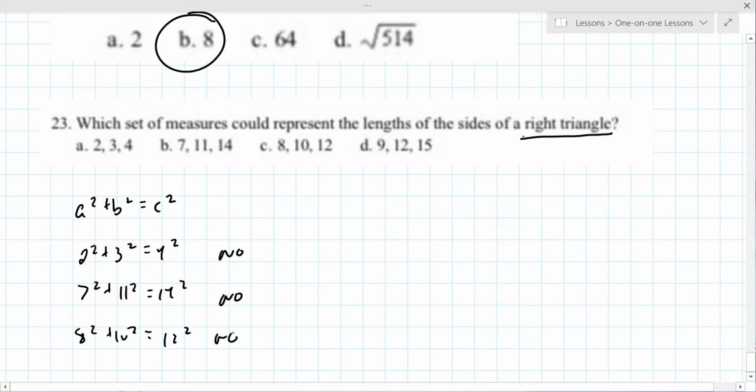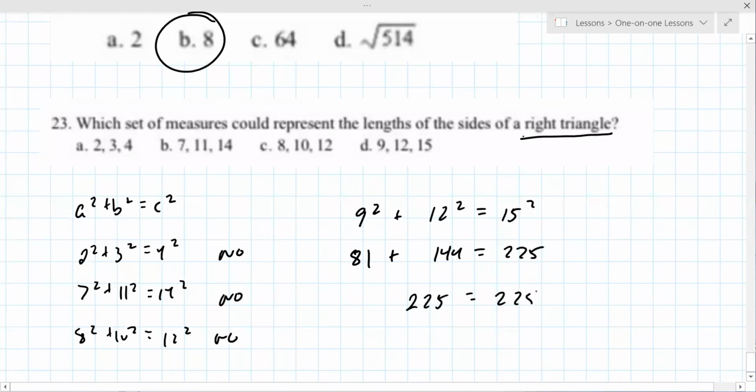No. So it must be the last one. I'd like you to verify that when you add these up, it does equal that squared. You should get 225 equals 225 for both of them.